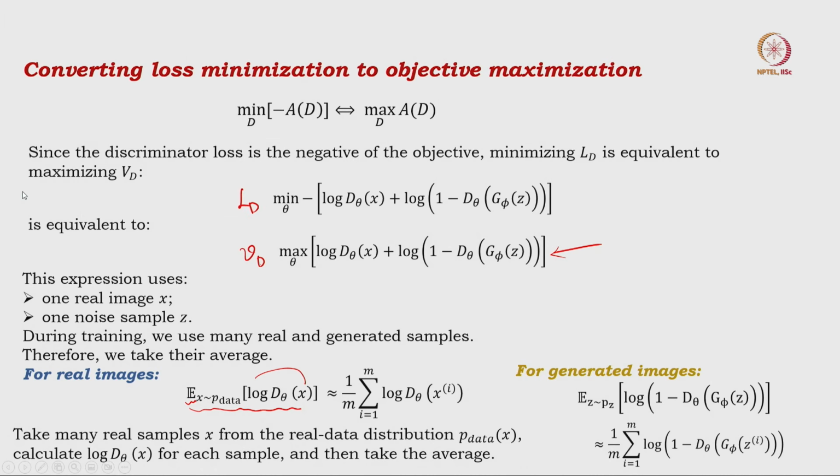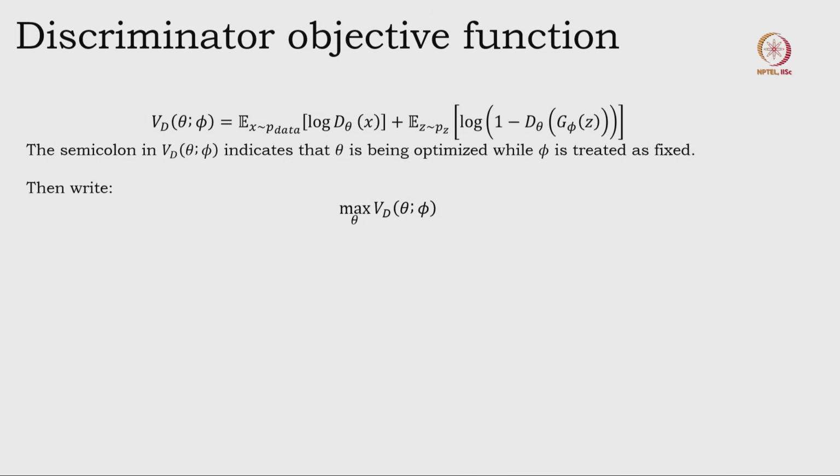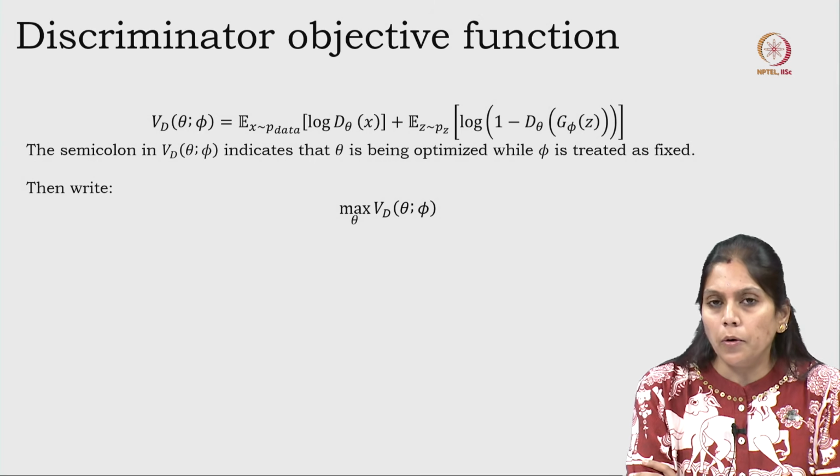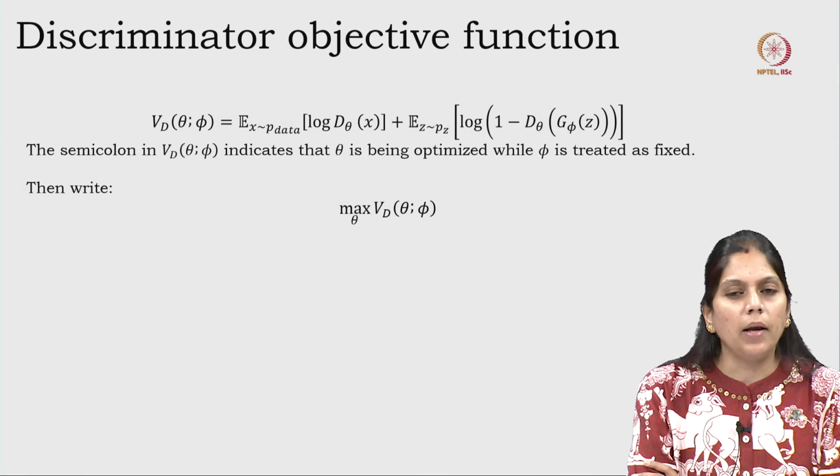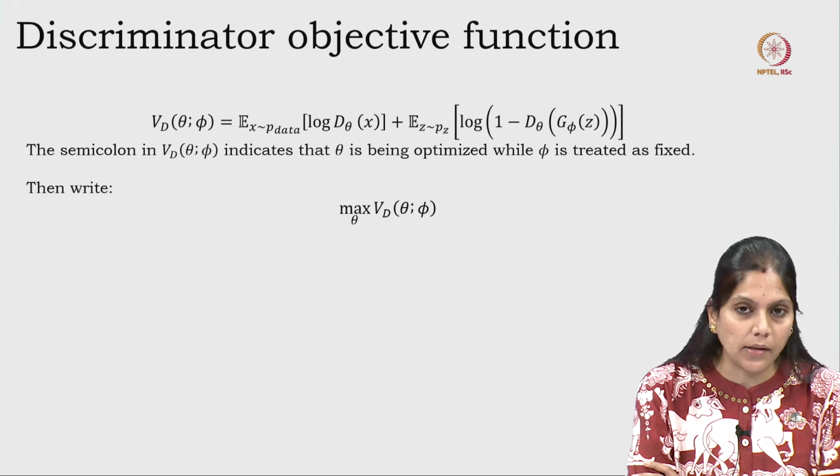So once this is done, now let us write what is the total value function or objective function of a discriminator. So this is the final discriminator objective function. You remember LD is for minimization, but later we have converted it into a maximization.